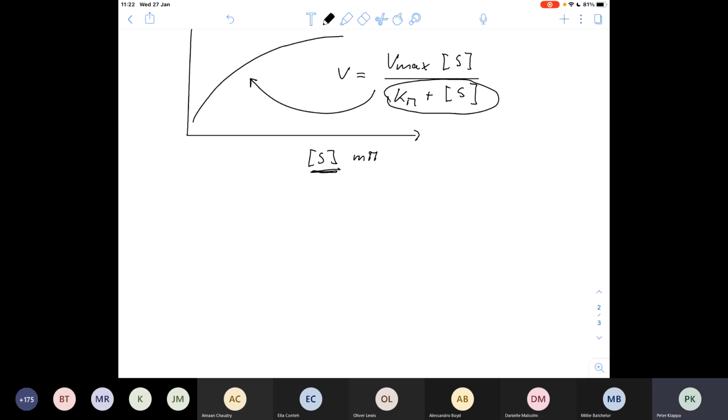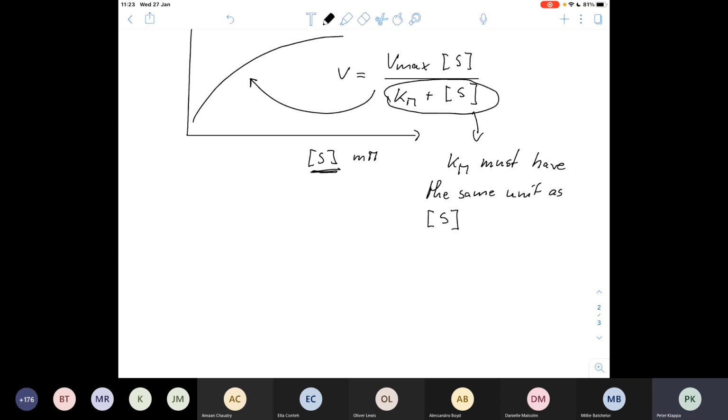So we said Km plus S. We have that here in the denominator. And this already tells us something. It tells us that Km must have the same unit as the substrate concentration, because otherwise we would not be able to add them.